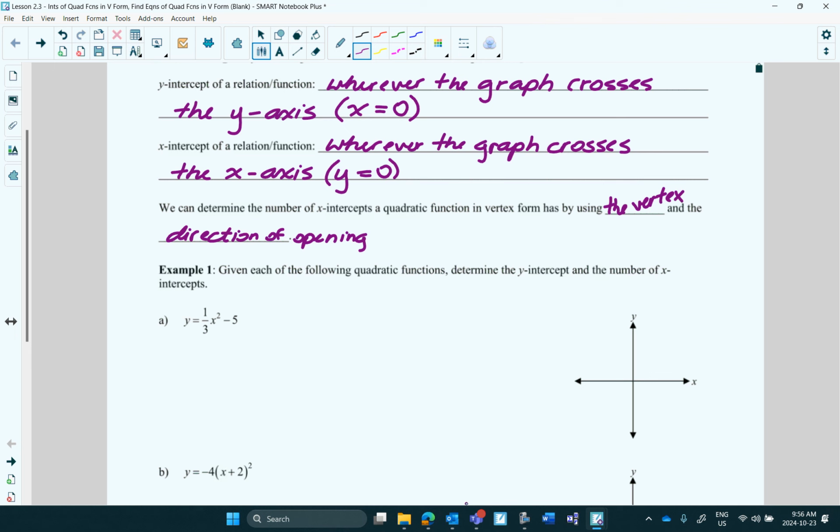So you need to know where the vertex is and whether it opens up or down, because that tells you how many times it's going to go through the x-axis, if it does at all. So let's look at some examples.